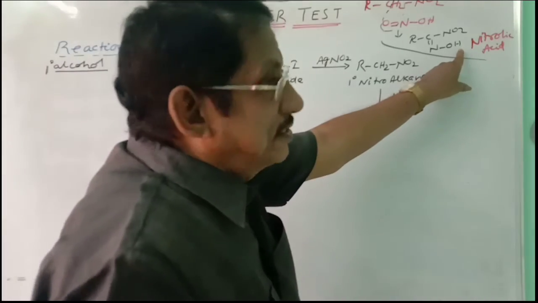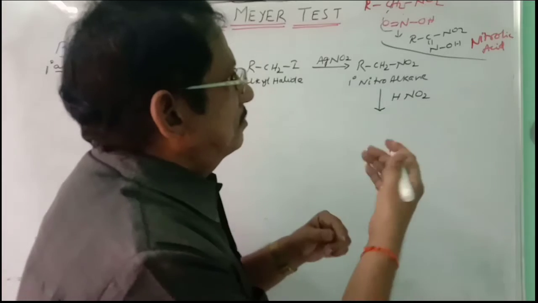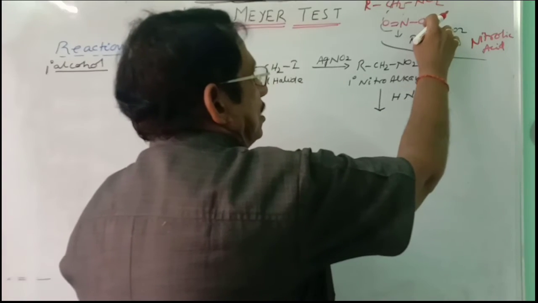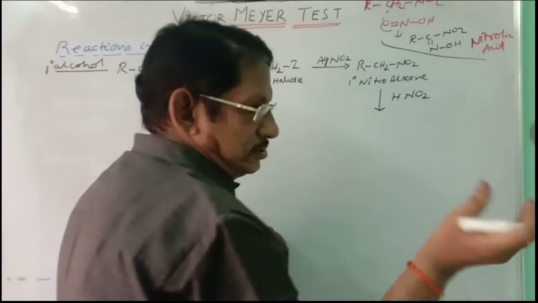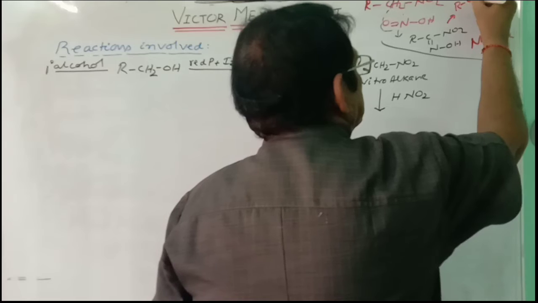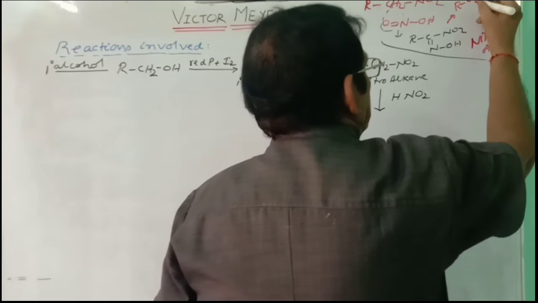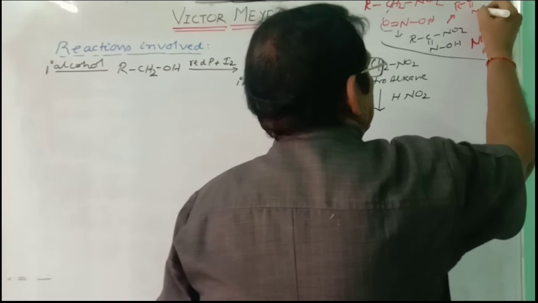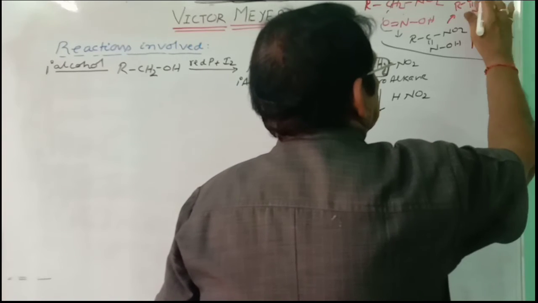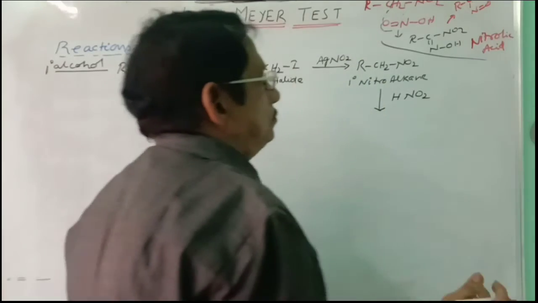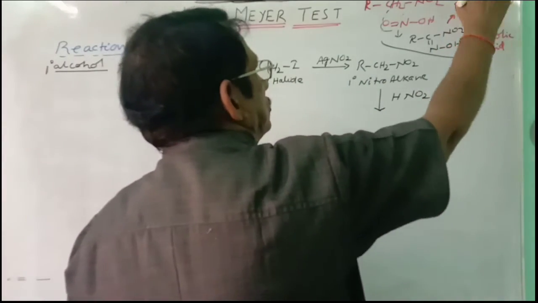Because this H is having migration character. In what way it can also be written here? Just you can see this H is migrated to this and double bond to this. Just like tautomerism. And so this can also be written as RCNO2, HC double bond N, single bond N double bond O. This is nitroso-nitroalkane.